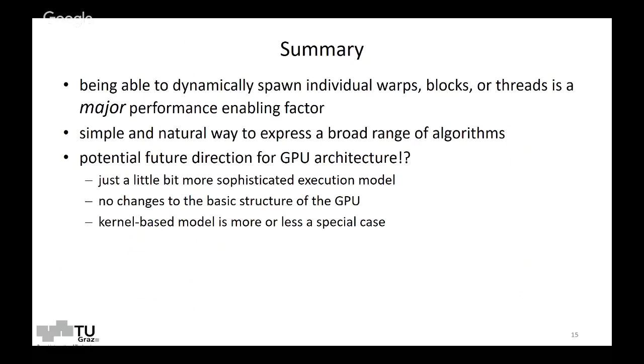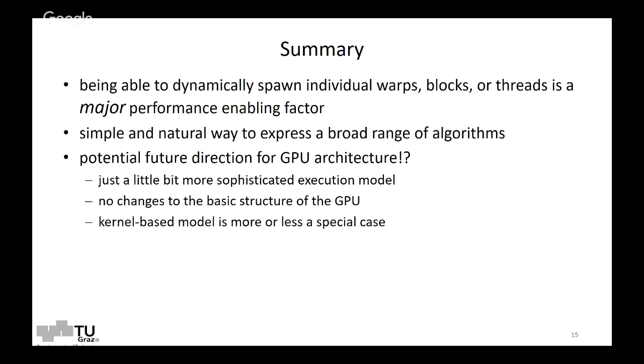So if you would just go ahead and do image processing, you probably don't need that approach. But as soon as you have got problems where tasks or things are popping up dynamically that should then be executed by different numbers of threads, then this model makes a lot of sense, and we show that it helps you a lot to run this kind of algorithms on the GPU, which usually would not fit the GPU too well.